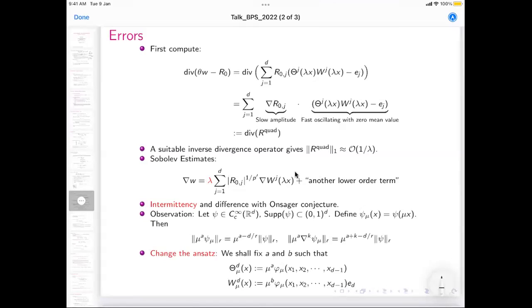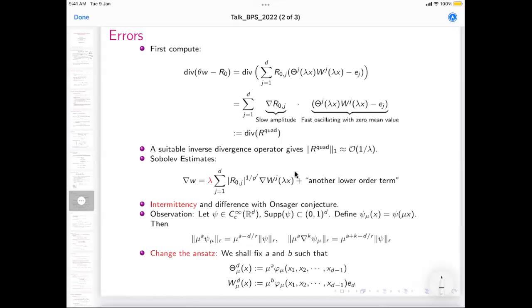So now you remember that I need the divergence of these to be the divergence of something else. That would be a part of R1. And I want to make sure that this R1, if I measure it in L1 norm, is small, right? And this is more precise because you can play the anti-divergence tricks. So this is what you have. In order to find R1, you take the anti-divergence of this.